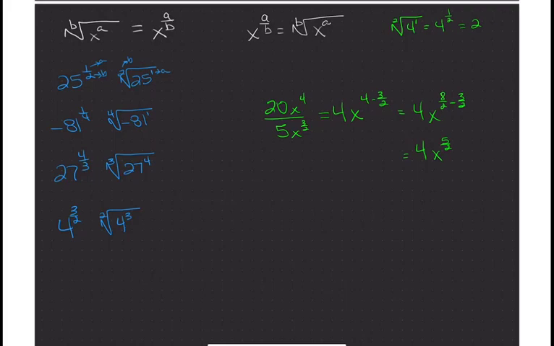So when it comes to writing our radical, our 4 is on the outside of the radical. It has nothing to do with the radical. But now that we know that we have a fraction exponent with x, we know that we're going to have a radical. We know that our base is going to be x, and it's going to be raised to the 5th, and we're taking the root of 2. Right? And then that would be your final answer.